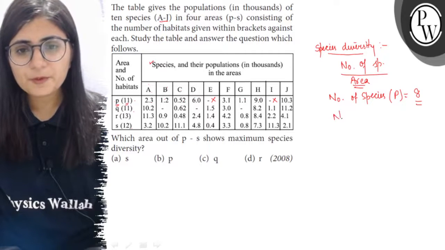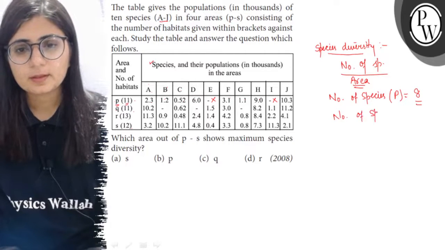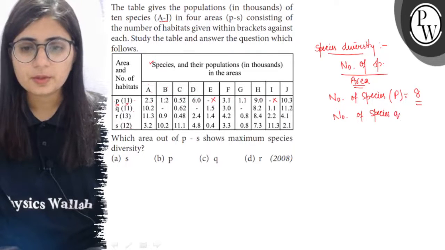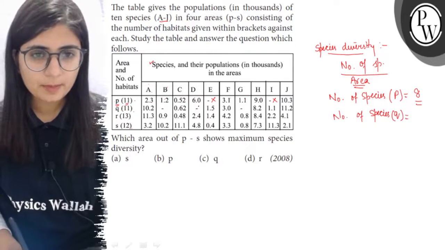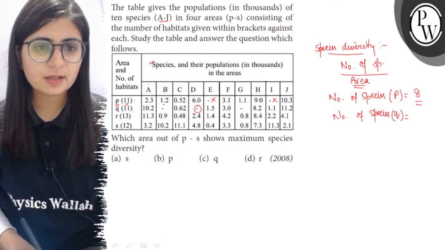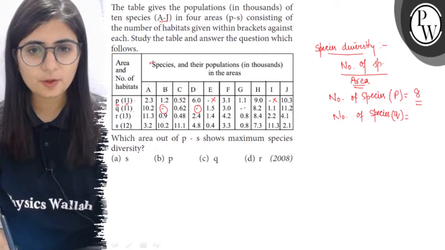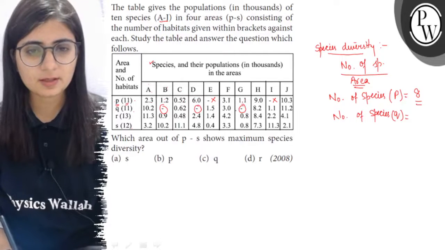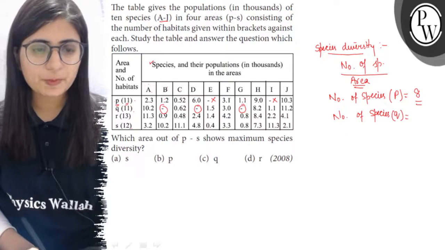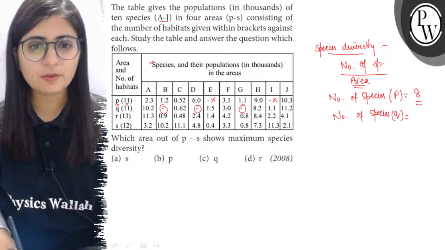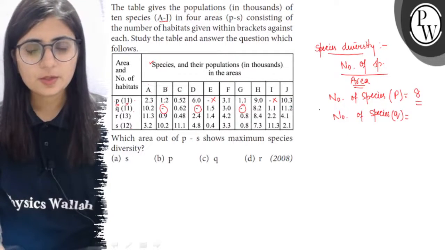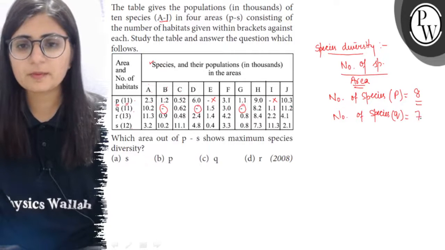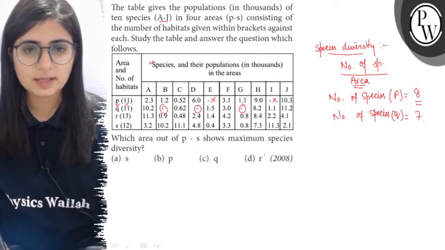Now the number of species in area Q. In area Q there are no members of species D, no members of species B and no members of species G. So here the number of species are 1, 2, 3, 4, 5, 6, 7. So the number of species found in this area is 7.